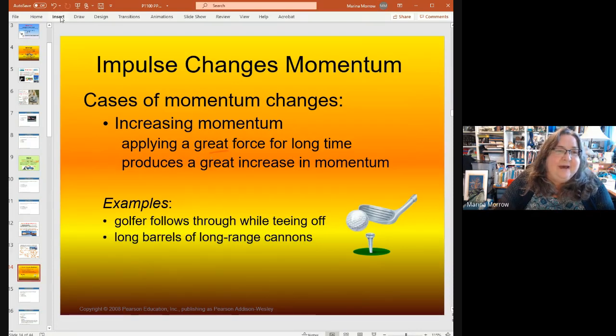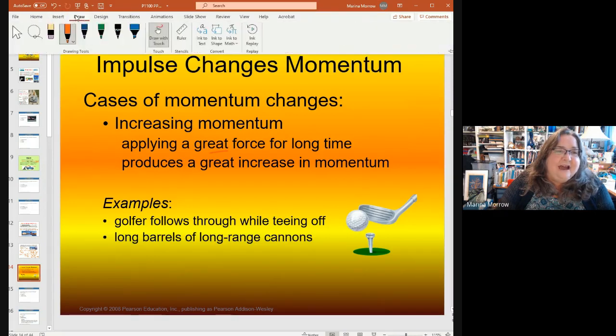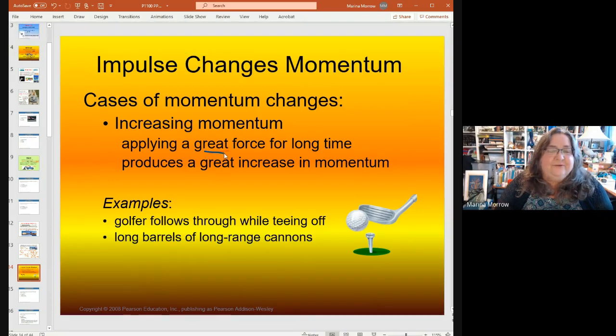And so we were talking about follow through. For coaches, that's the long time thing. You stay in contact with the ball, whether it's golf or baseball or even volleyball. You want to be able to move with the ball, and basketball too. So that's going to be a great change in momentum.